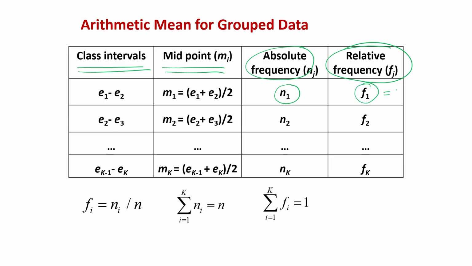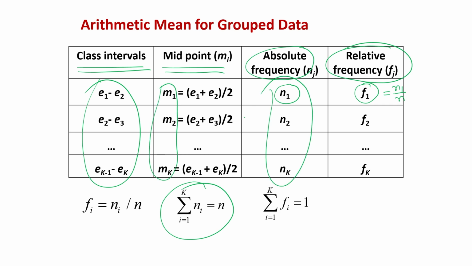For example, F1 is N1 upon N, where N is the total number of observations, N1 plus N2 plus up to Nk, if there are k classes. So these are our k intervals, M1, M2, up to Mk are the midpoints of the class intervals, N1, N2, up to Nk are the absolute frequencies, and F1, F2, up to Fk are the relative frequencies. Obviously, Fi is equal to Ni upon N, and the sum of all relative frequencies will always be equal to 1.